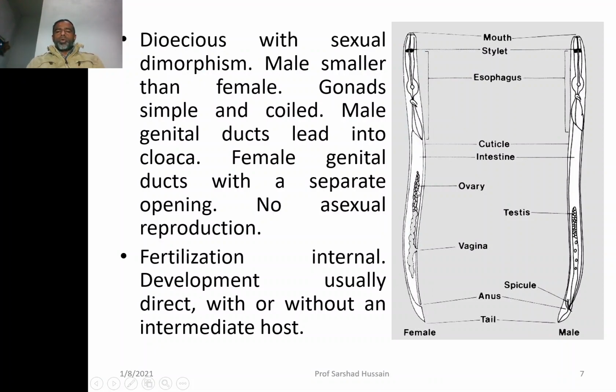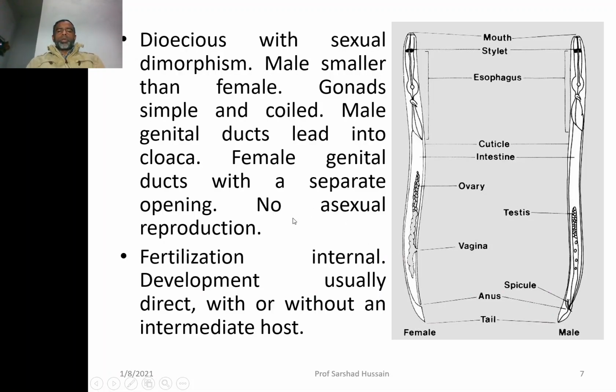You can see ovaries are present over there, testes are present over there, they are coiled. The male genital duct leads into the cloaca. You can see testes, then ultimately their ducts are opening into the cloaca. Whereas in case of the females, they have a separate opening called the vagina. They are not opening into the cloaca.